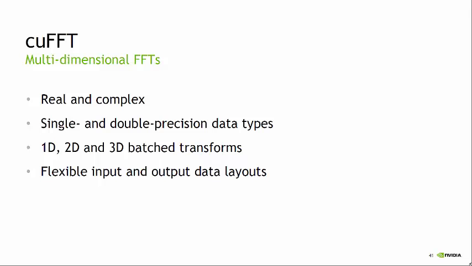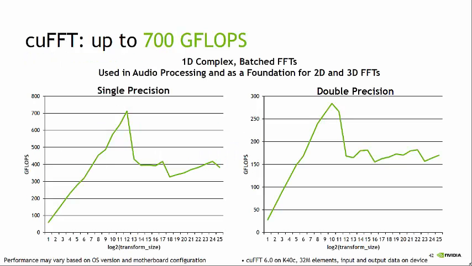cuFFT has quite a similar interface to FFTW. It supports real and complex, single and double precision. Similar to cuBLAS, it has 1D, 2D, and 3D batched transforms, and it's got flexible data layouts for input and output. For FFTs, it's pretty fast.